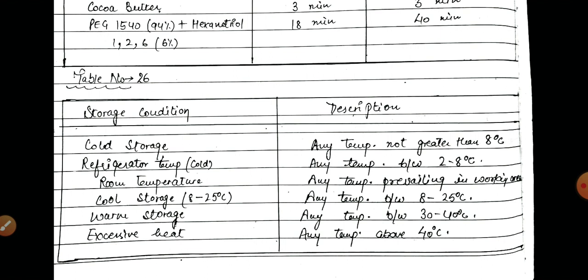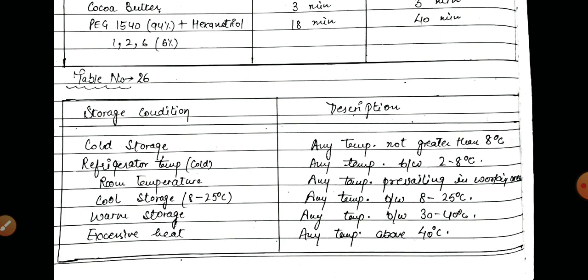For refrigerator temperature, that means cold temperature, any temperature between 2 to 8 degrees Celsius. For room temperature, any temperature prevailing in the working area. For cool storage, 8 to 25 degrees Celsius, and for warm storage you need 30 to 40 degrees Celsius.